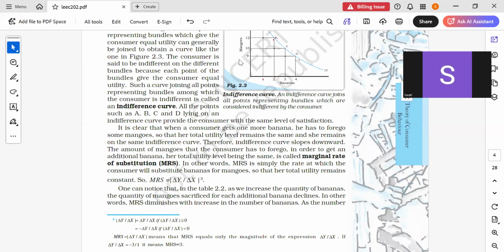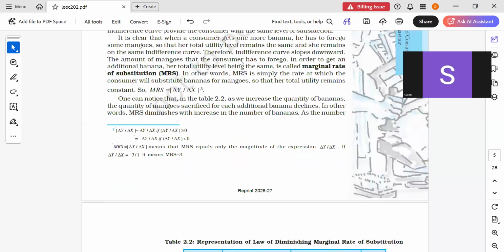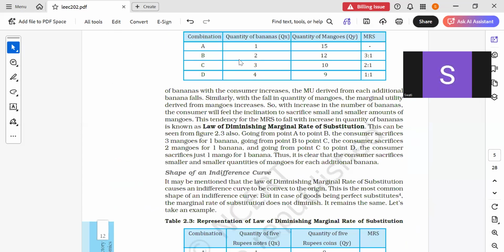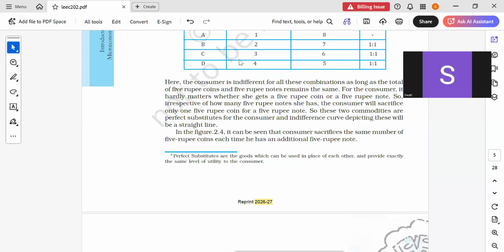We understood what the indifference curve is, and we also saw why the indifference curve slopes downwards. The reason is the marginal rate of substitution, that is, how much quantity of a good needs to be forgone in order to have one more unit of another commodity. Then we talked about the law of diminishing marginal rate of substitution, and also the indifference curve for different commodities.